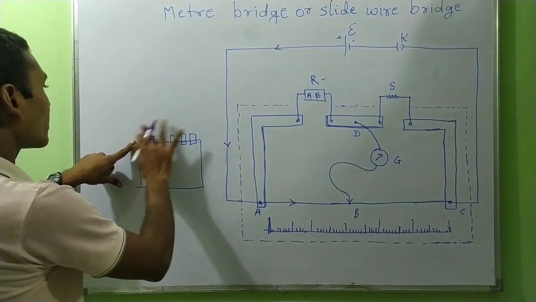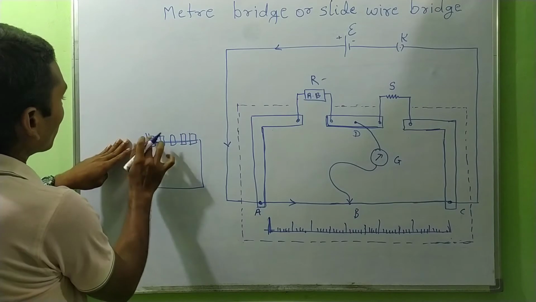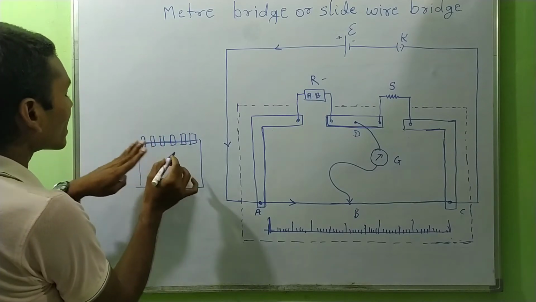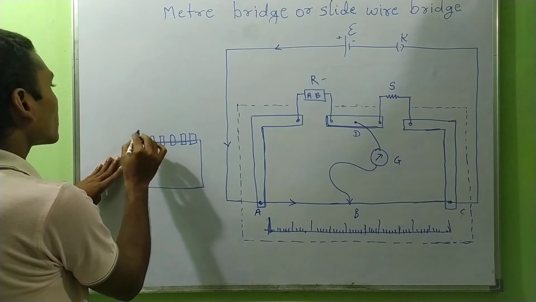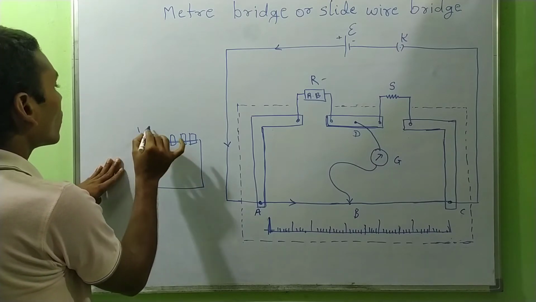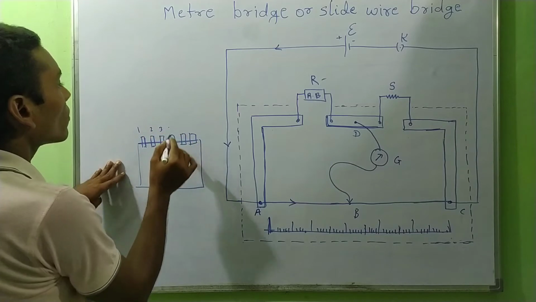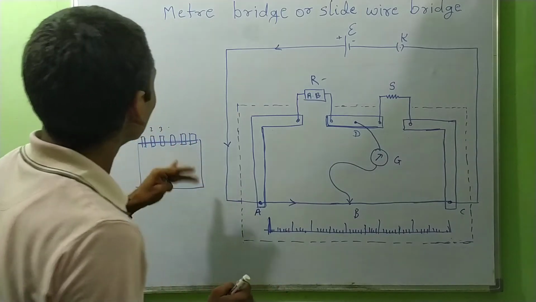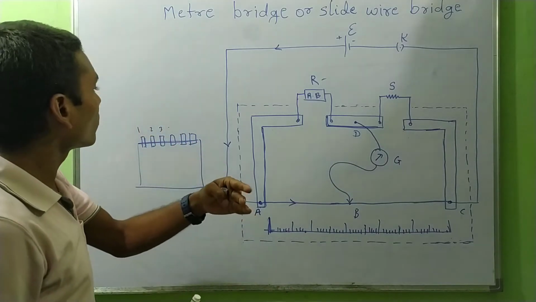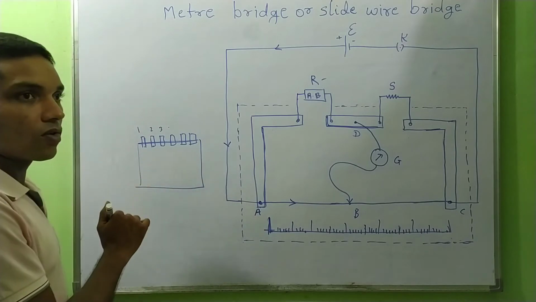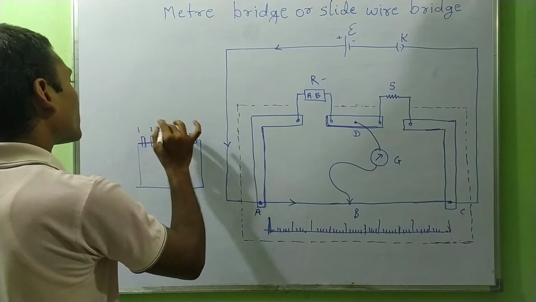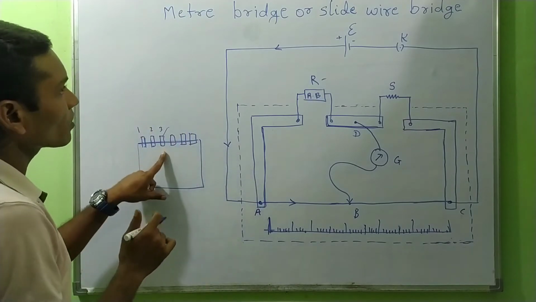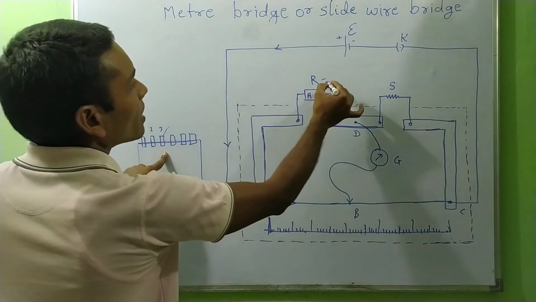Near the keys of the resistance box, the resistance of the keys is written like that: 1 ohm, 2 ohm, 3 ohm, 4 ohm, 5 ohm, or 2 ohm, 5 ohm, 10 ohm, 100 ohm. When a key is taken out from the resistance box, that becomes the value of the resistance.